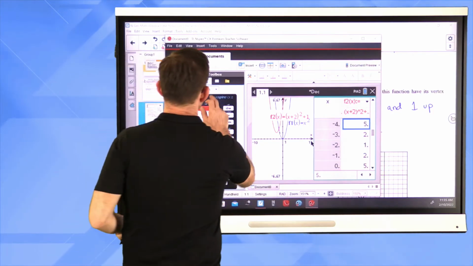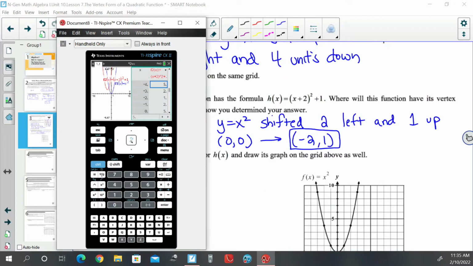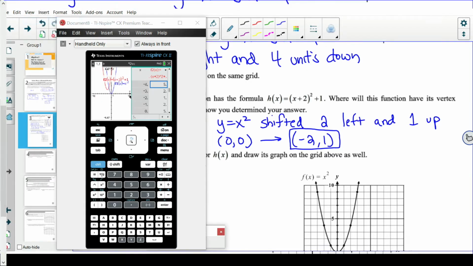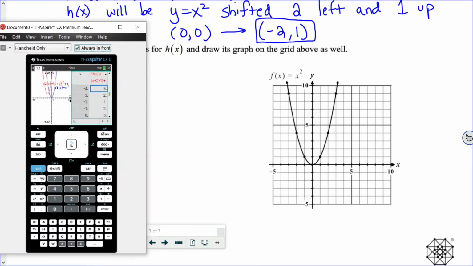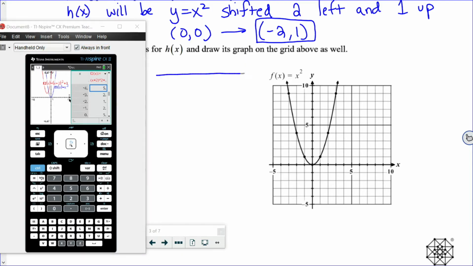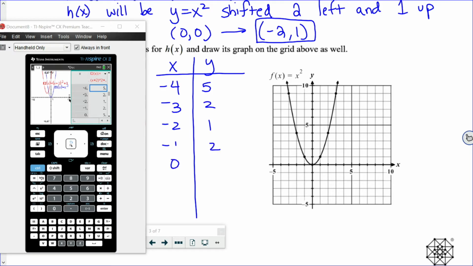All right, let me go to my handheld, full screen, come down here. We'll generate a table of values, maybe right here for h of x, x and y. So I'll do negative 4, 5, negative 3, 2, negative 2, 1, negative 1, 2, 0, 5. Maybe I'll go one more, 1, 10.